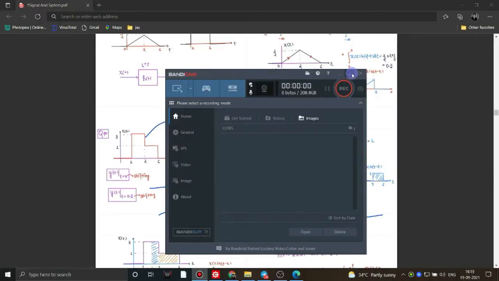Now in the second step, we fold the graph. So when we fold the graph it would look like this one. Okay, so this is after we have folded the graph.